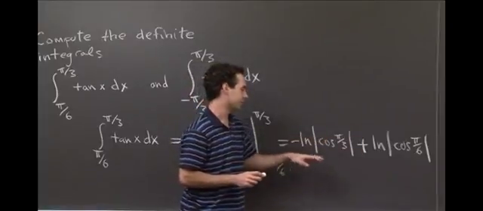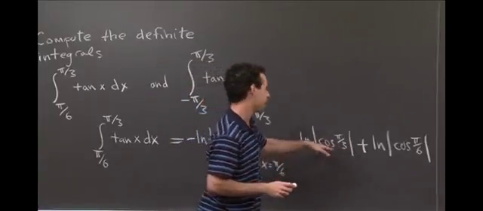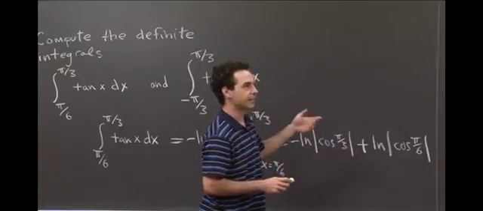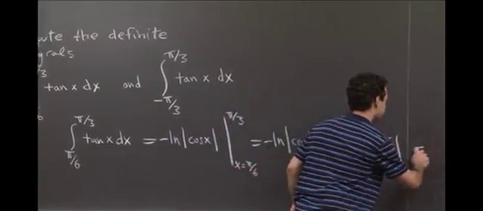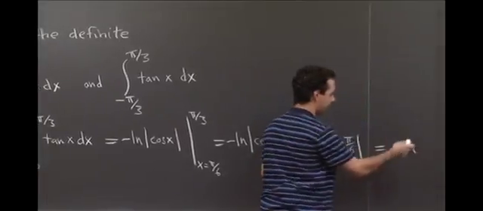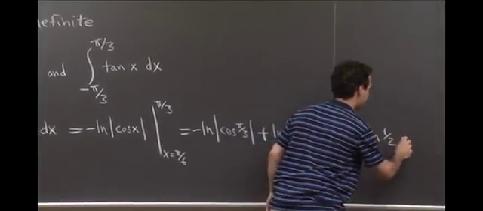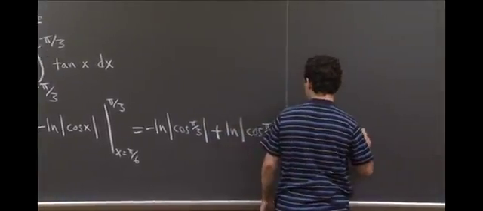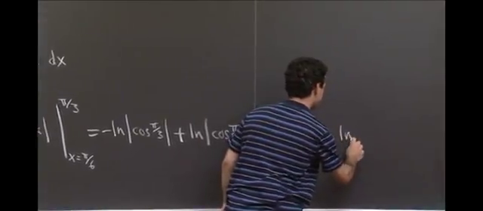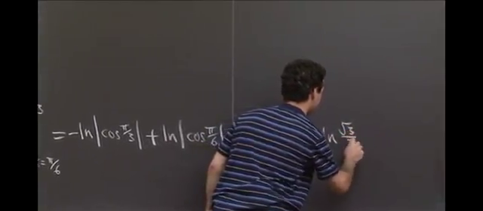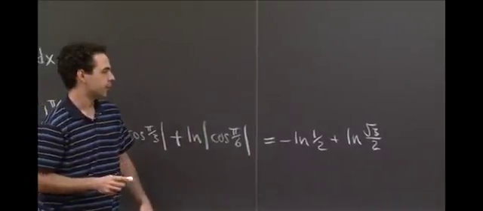Okay, so we can just evaluate this. Cosine of pi over 3 is going to be 1/2. So this is minus ln of 1/2, the absolute value of 1/2 is just 1/2, plus cosine of pi over 6 is square root of 3 over 2, so plus ln of square root of 3 over 2.